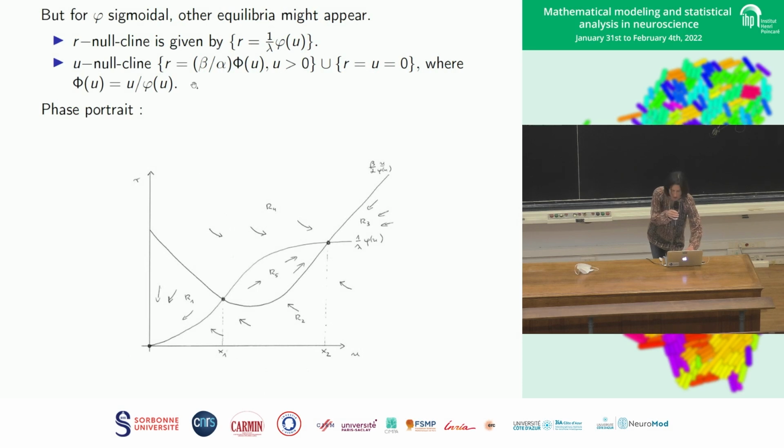I don't remember the calculus, but it's U over phi of U. You see? So yes, there is a discontinuity. So maybe my drawing is wrong. Yeah, it does intersect because I wrote here R equal U equal to 0. Okay, so maybe you can discuss this offline.